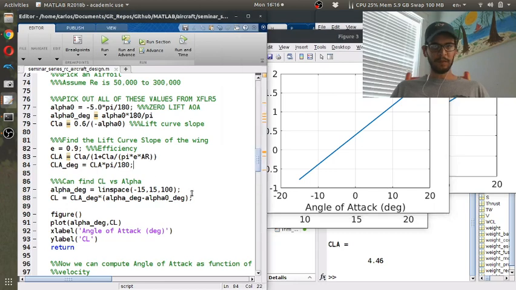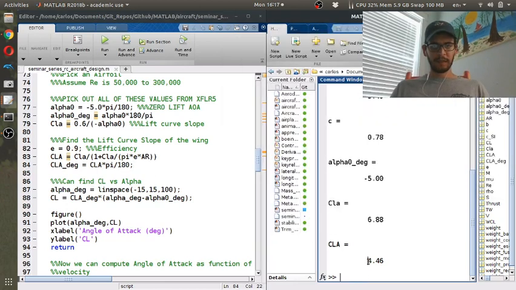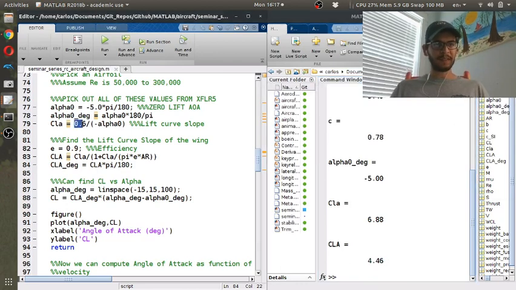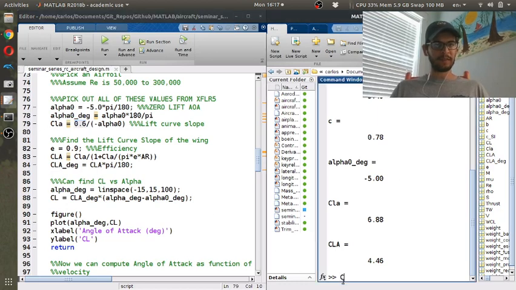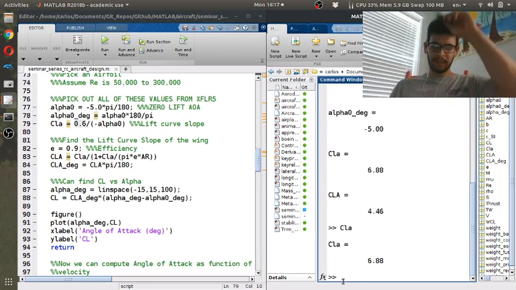I'm confused at the lift. Oh, okay, it's 0.6 when it's 0, right? What's CLA? It's 6.88 per degree.